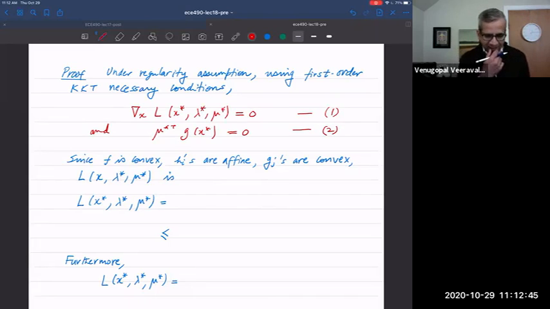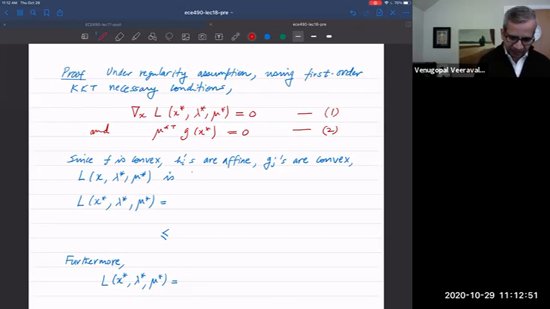Now, since F is convex, the h_i's are affine, and the g_j's are convex, we know that L is convex in x for that fixed lambda star, mu star.